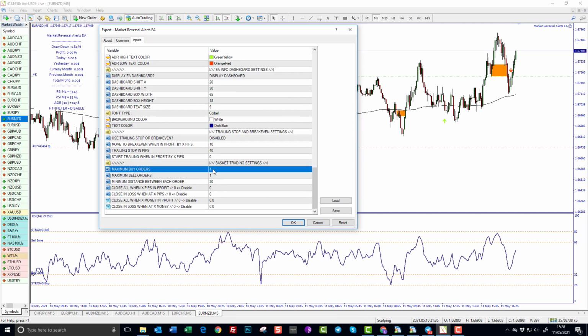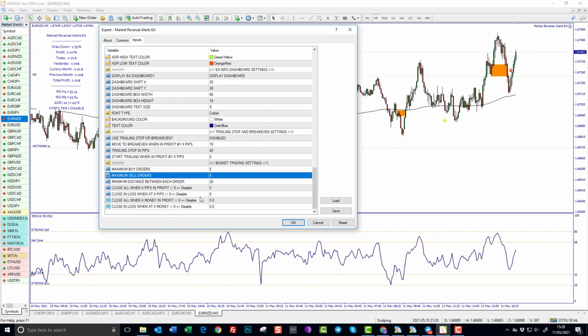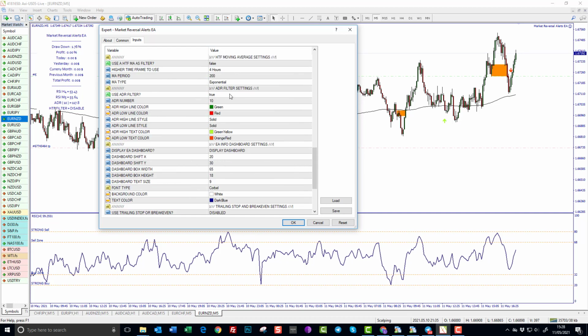If you were using a basket strategy with the ADR filter turned on, what will happen is if that trade then consolidates for an entire day and moved into the next day, price will not have hit the ADR for that next day. So with this particular condition set, the basket trading will not trigger because it is waiting to trigger an order when price has hit ADR.